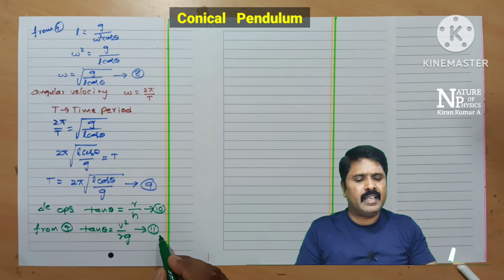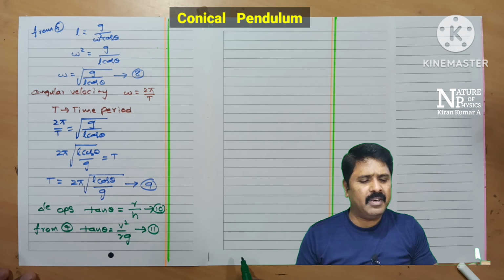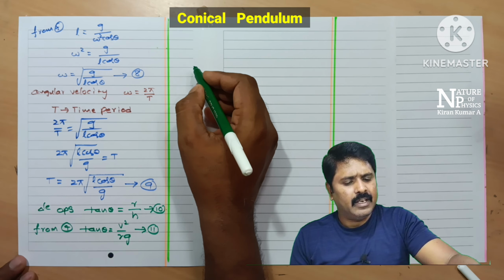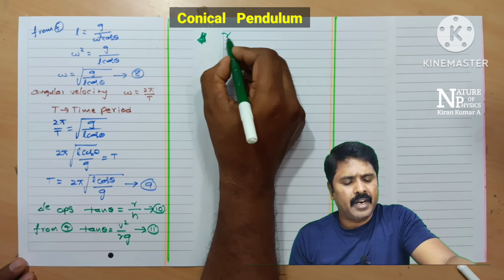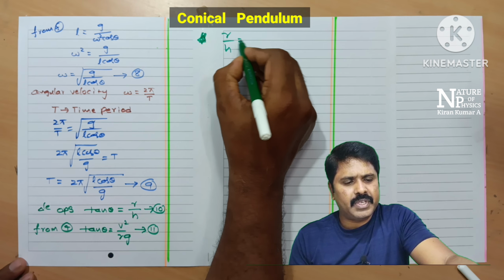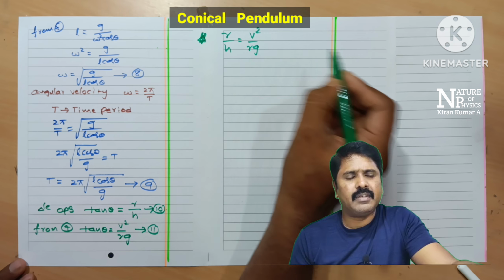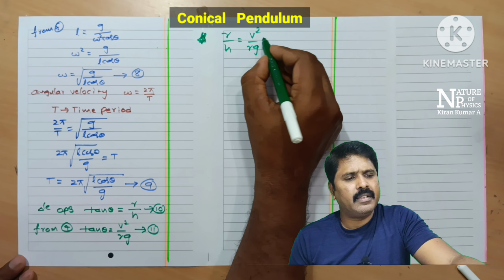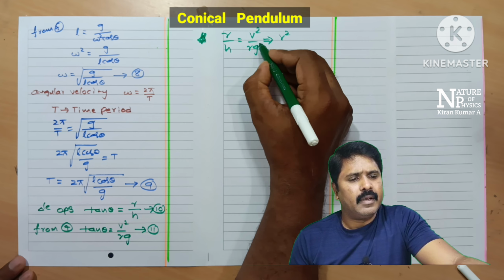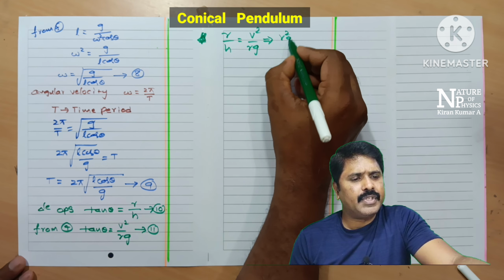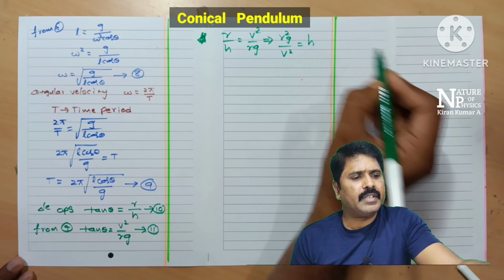Now this is replaced in the above equation, tan theta is equal to tan theta, that is R divided by H is equal to V square divided by RG. Cross multiplication, student, we are getting R square into R, R square G divided by V square is equal to H.